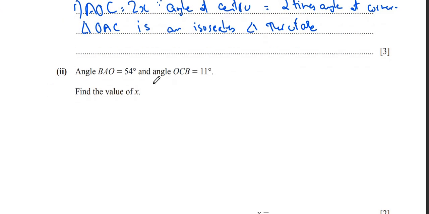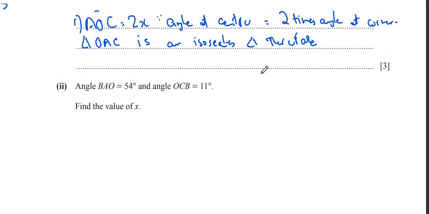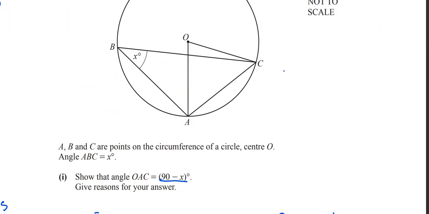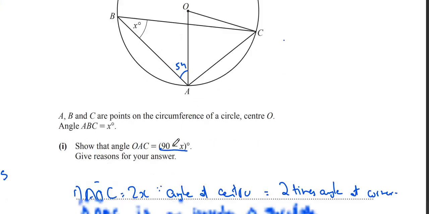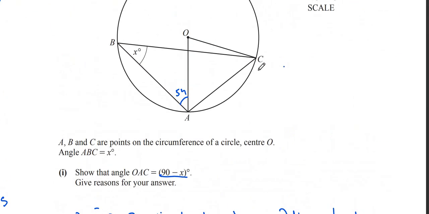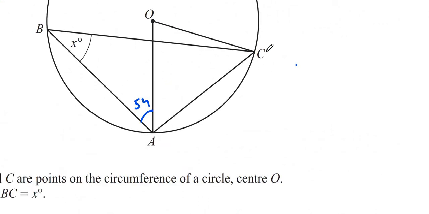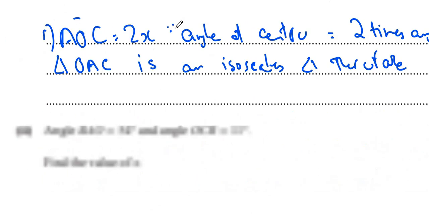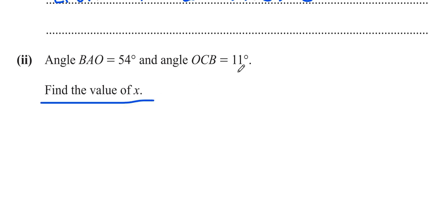So guys, in the next question it says that angle BAO is 54 degrees and angle OCB is 11 degrees. So basically BAO is 54 and OCB, which is actually this angle, is 11 degrees. Now the question is asking you to find the value of x.